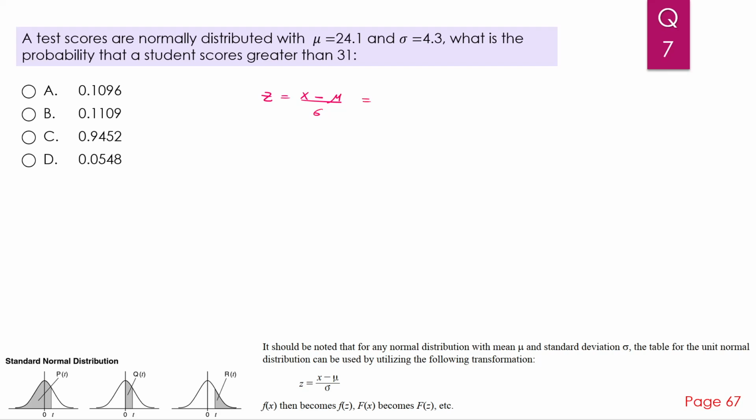So we have 31 minus 24.1 divided by 4.3, and that equals 1.6, okay. You know how the normal distribution looks like. So we are being asked the probability that a student scores greater than 31.